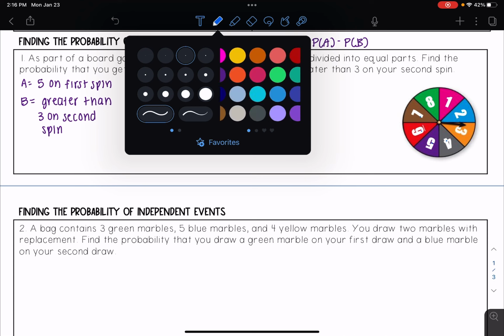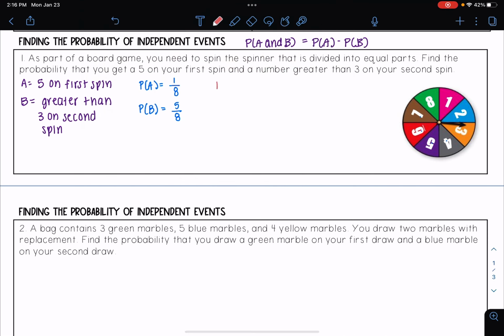So that means that the probability of A and B is equal to the probability of A times the probability of B, which is equal to 1/8 times 5/8, which is 5 over 64, which is approximately 0.078. So that means that you have a 7.8% chance.